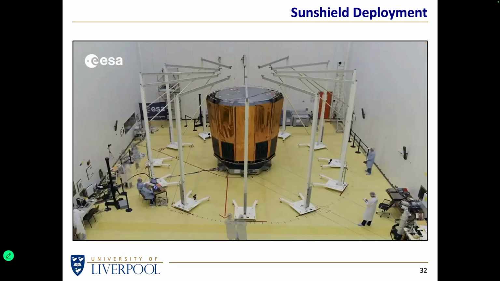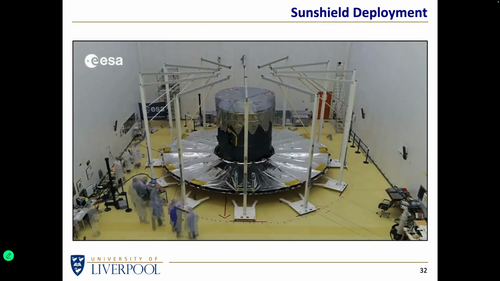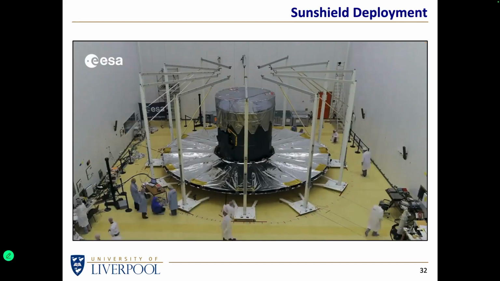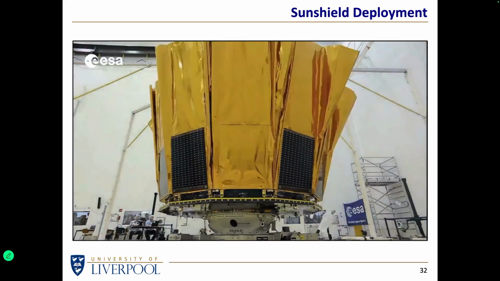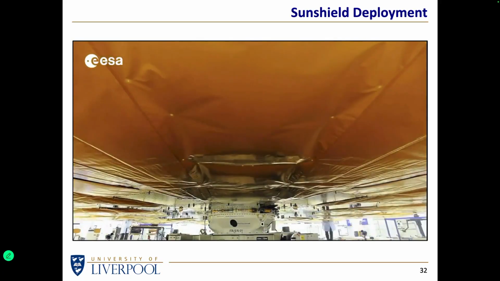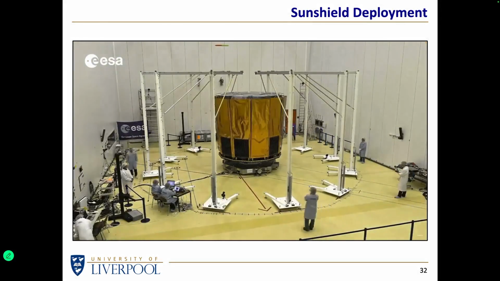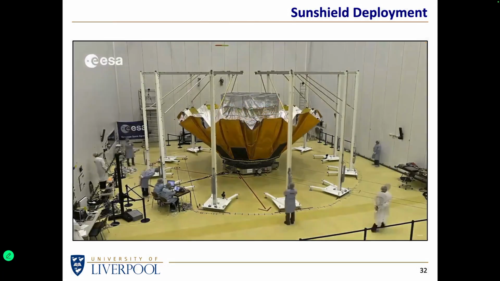Here's the sun shield itself being deployed under test. So there it is. You can see the scale from the technicians buzzing around it like bees. There it is again. Solar panels on the underneath power the spacecraft. And again from above, we see how it unfurls once it's in orbit.